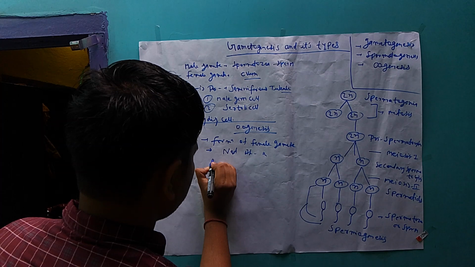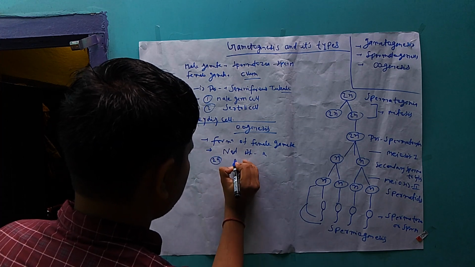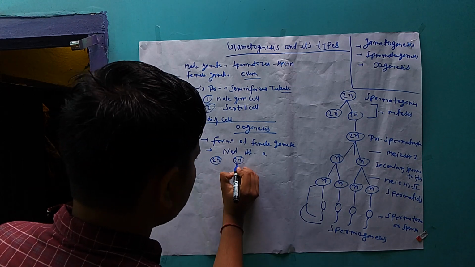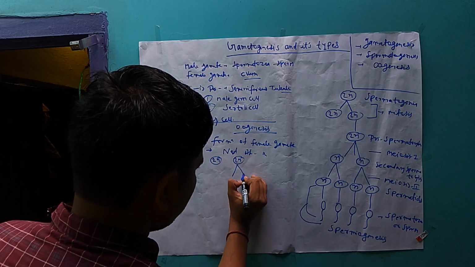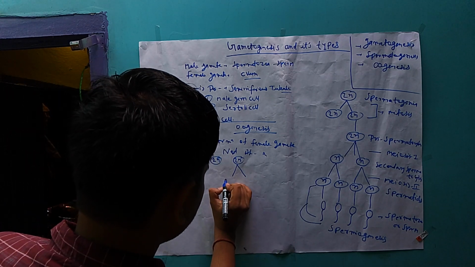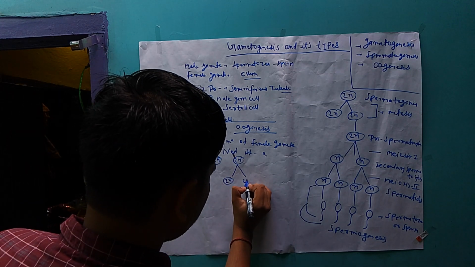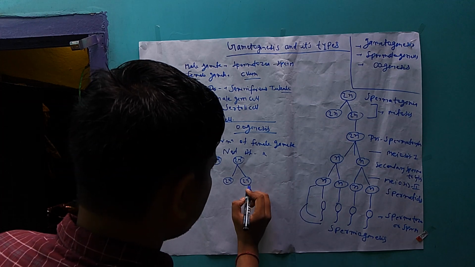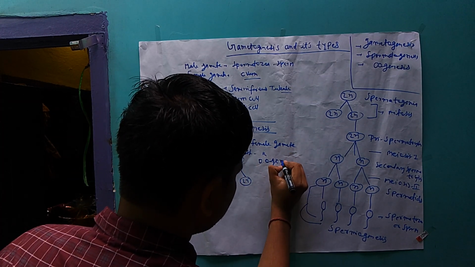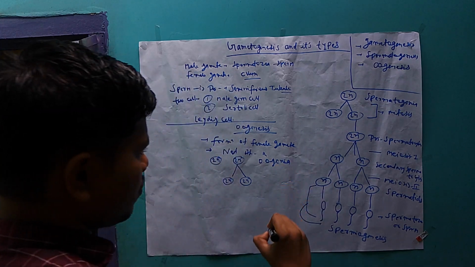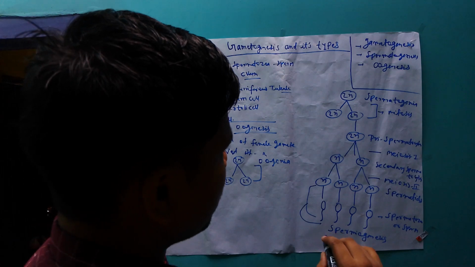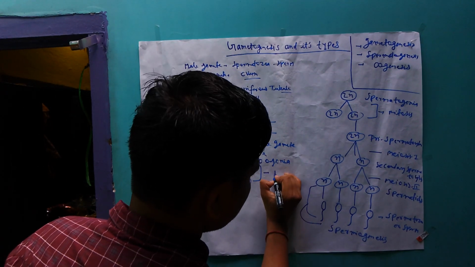Here also is a 2N diploid cell. This diploid cell undergoes division. This is called oogonia, and this comes into mitosis first.